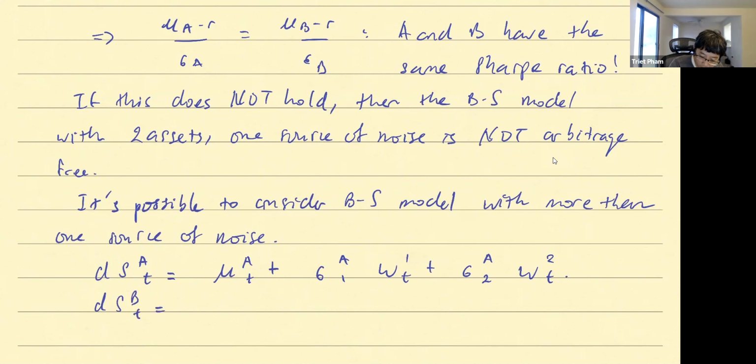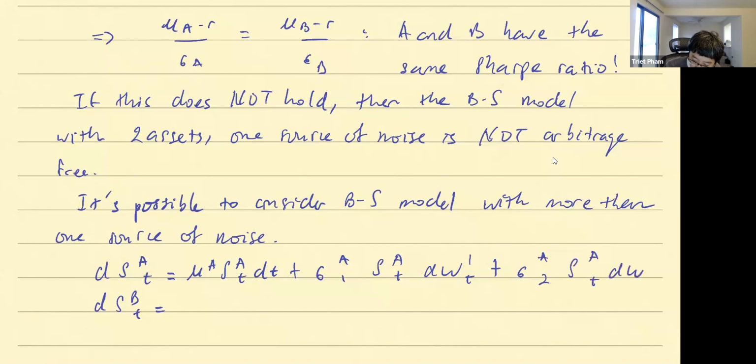Sorry, I'm not even paying attention, I'm not posing the model correctly. So dS_B is mu_B S_B dt, and then sigma_B1 S_B dW1(t), and sigma_B2 S_B dW2(t).